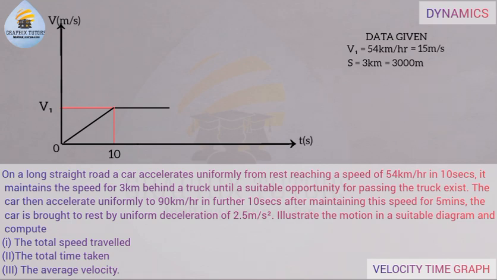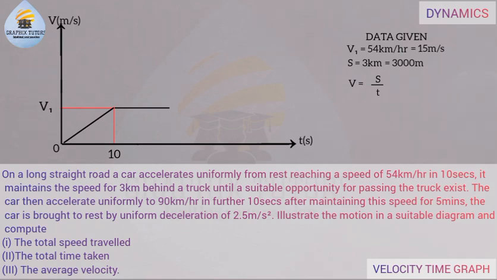We know very well that velocity is the change of distance traveled in a specified direction with respect to time, or we can say displacement of the body with respect to time, right? So we say v is equal to s divided by t, where s is the distance, t is the time, and v is the speed.